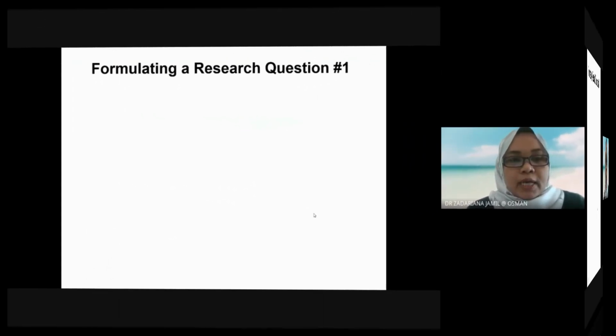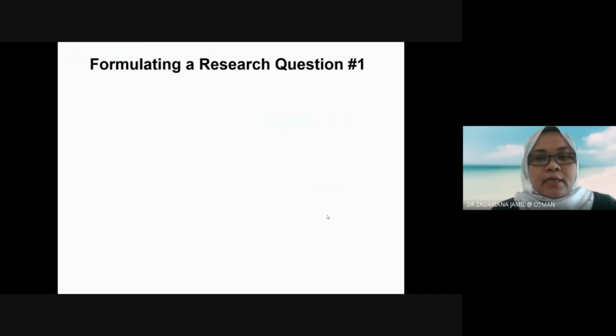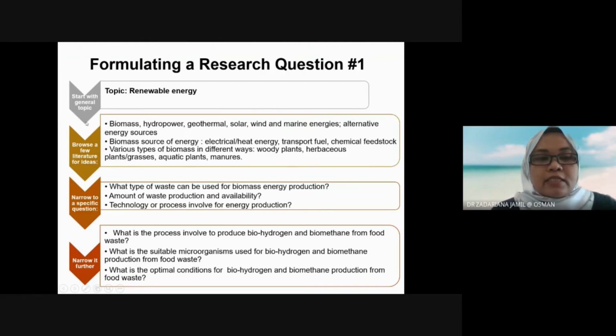Let's look at formulating a research question for example number 1. The first step is that we need to find a general topic of your interest area. For example, in the first study, the interest topic area is renewable energy, and then you need to browse a few literature for ideas on biomass, because renewable energy is very broad.